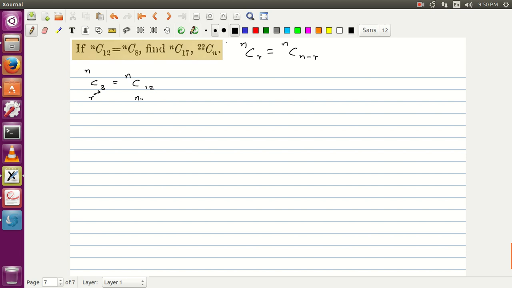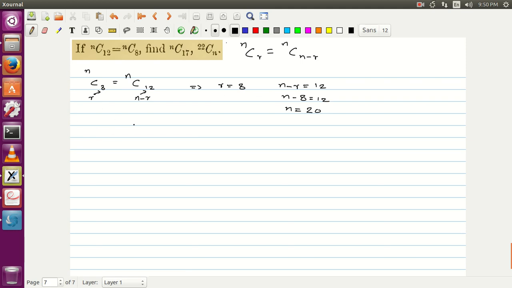This will be n minus r, right? So n minus r is equal to 12. So we know that r is equal to 8, n minus r is equal to 12, or n minus 8 is equal to 12. So n is equal to 20, right? So we know that n is equal to 20.